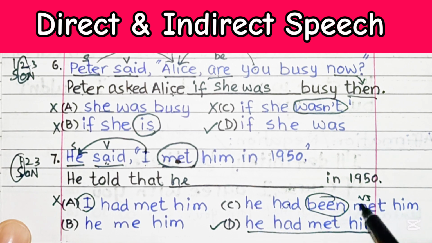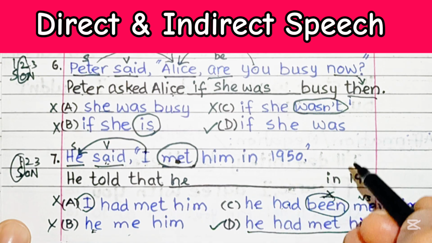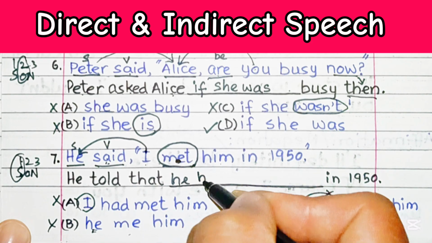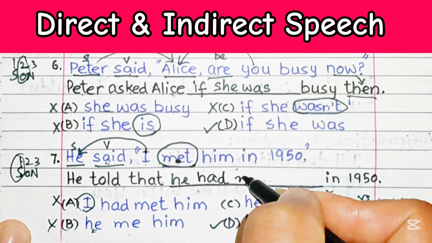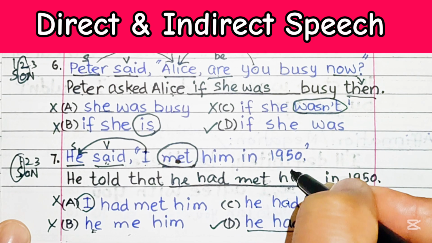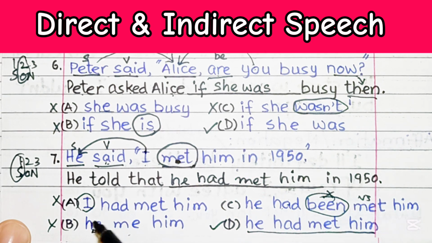This is not right. This is good, but this is additional. And he, me, him, this is also totally incorrect. So he told that he had met him in 1950. He told that he had met him in 1950.